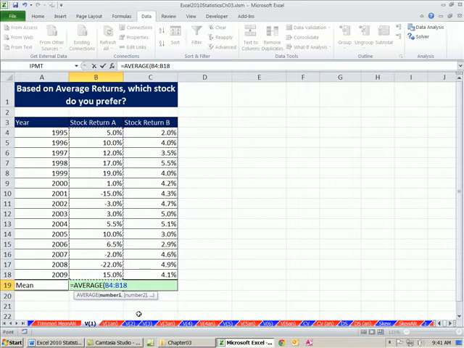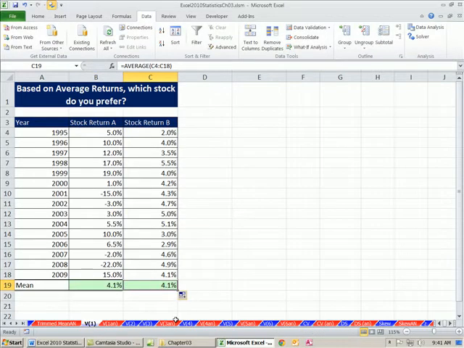Those are relative cell references, so I can Control-Enter and copy it over. They're both, on average from our past data, returning an average of 4.1% return per year. So which do you prefer, stock A or stock B?